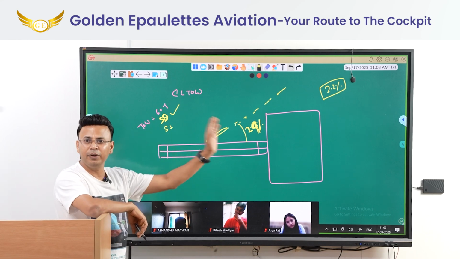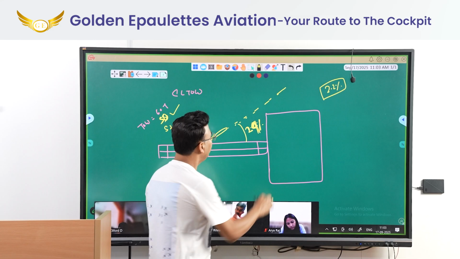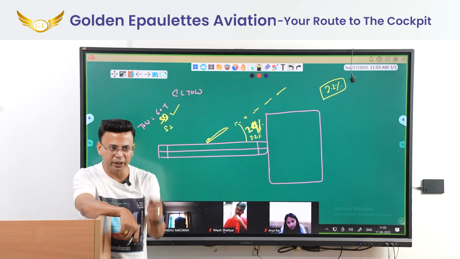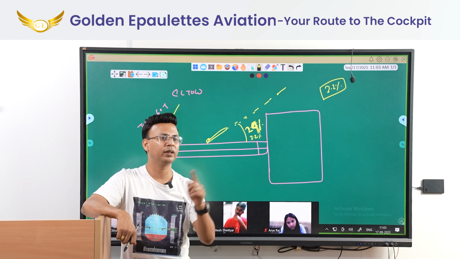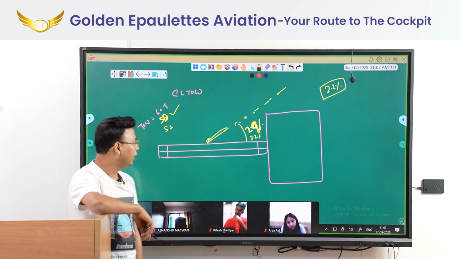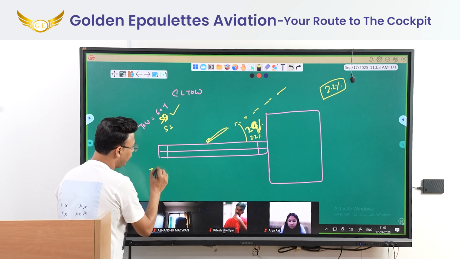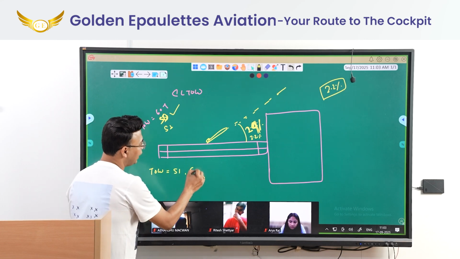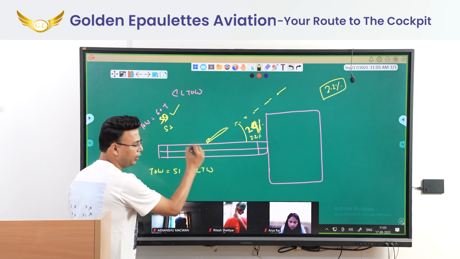And when I take 51 tons, I am getting exactly a gradient of 2.2%. This becomes my limit. I cannot further increase my takeoff weight in this case. So right now, takeoff weight 51 will be called climb limiting takeoff weight.